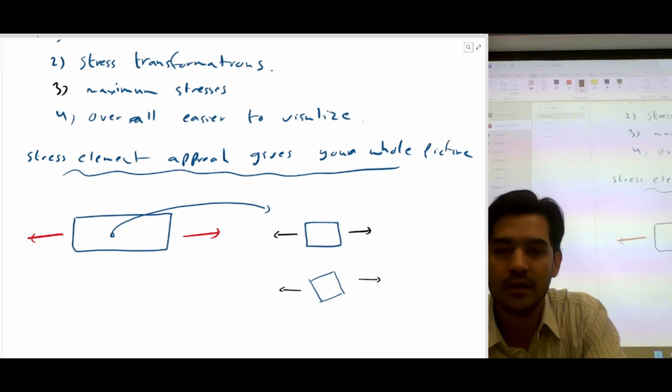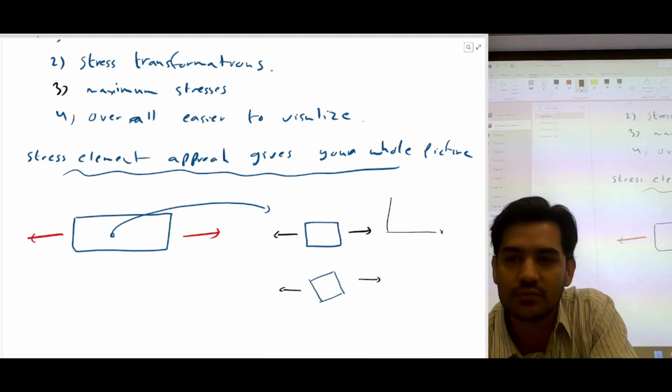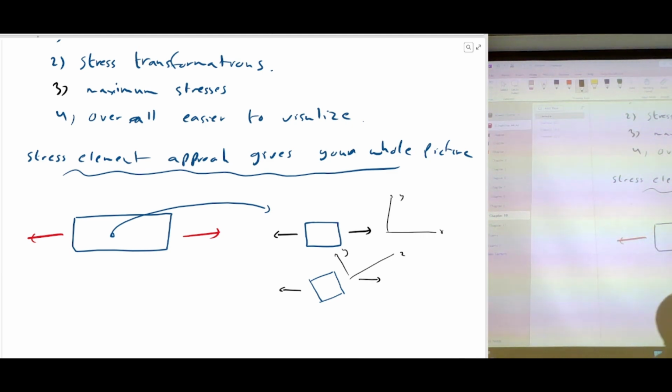So, for example, now you have a new element. In this case, this was the x-axis, this was the y-axis. Now this is the x-axis and this is the y-axis, right? So you can use stress coordinate systems to convert this force on the x-axis and on the y-axis, right?